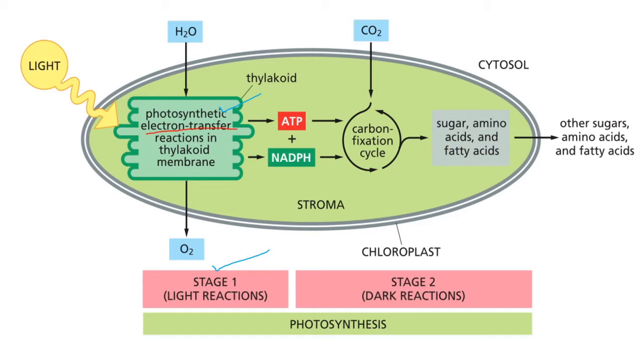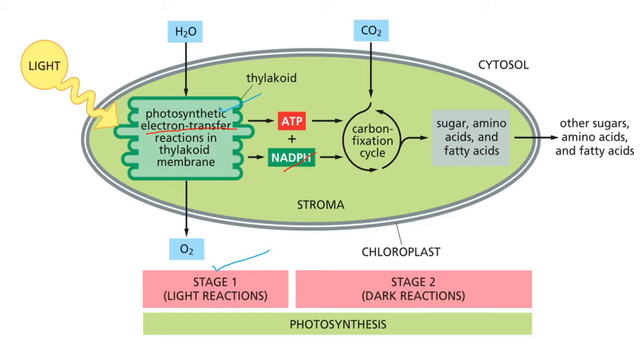And this electron transport helps in creation of two intermediate products, two molecules. These are called ATP, adenosine triphosphate, and NADPH. Now the full form is not required right now, but if we want to know, it is called nicotinamide adenine dinucleotide phosphate, NADP. And when we say NADPH, it is the reduced form of NADP, nicotinamide adenine dinucleotide phosphate.